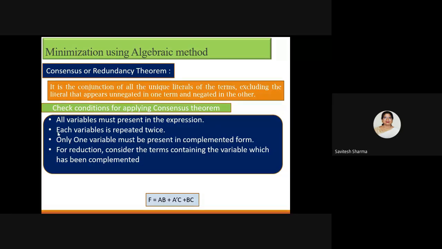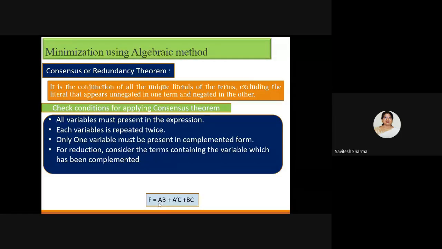Second thing you will notice, each variable should repeat twice. So you see that B is repeated twice, C is also repeated twice, and one variable must be present in complemented form.